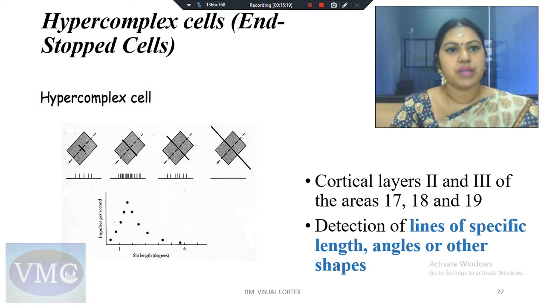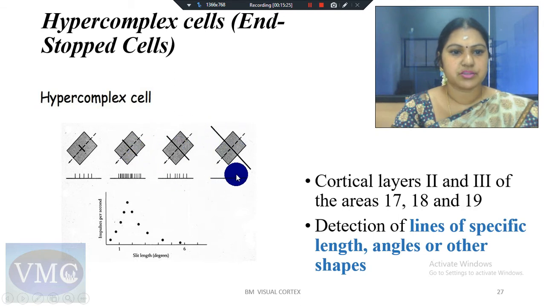Now we go to the hypercomplex cells or end-stopped cells. So what do these hypercomplex cells do? First we will understand this. They have the properties of the simple cells and the complex cells, plus additionally they respond to light of a particular length. So if this is the length, then that is the cell which is getting excited.